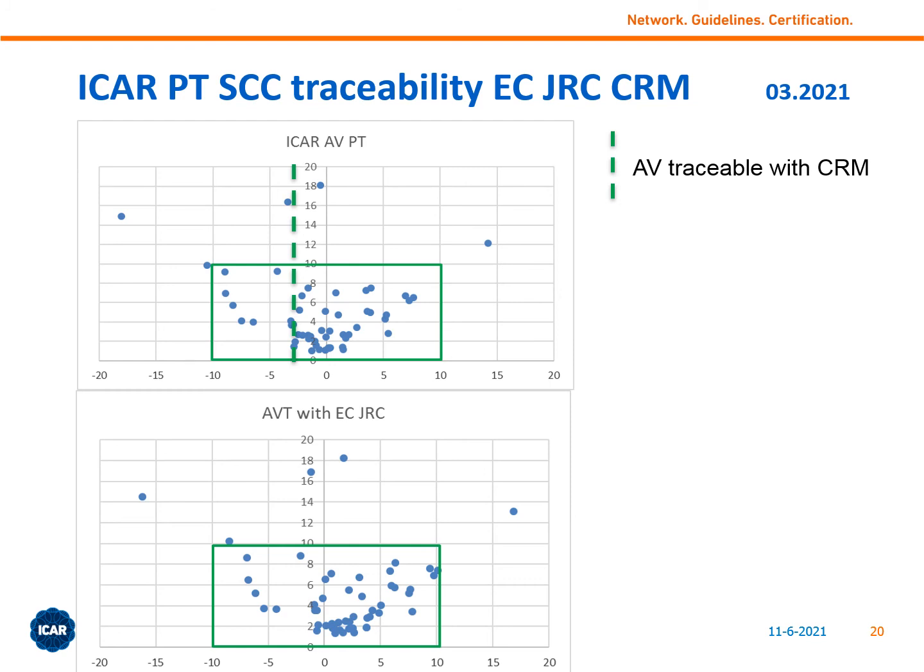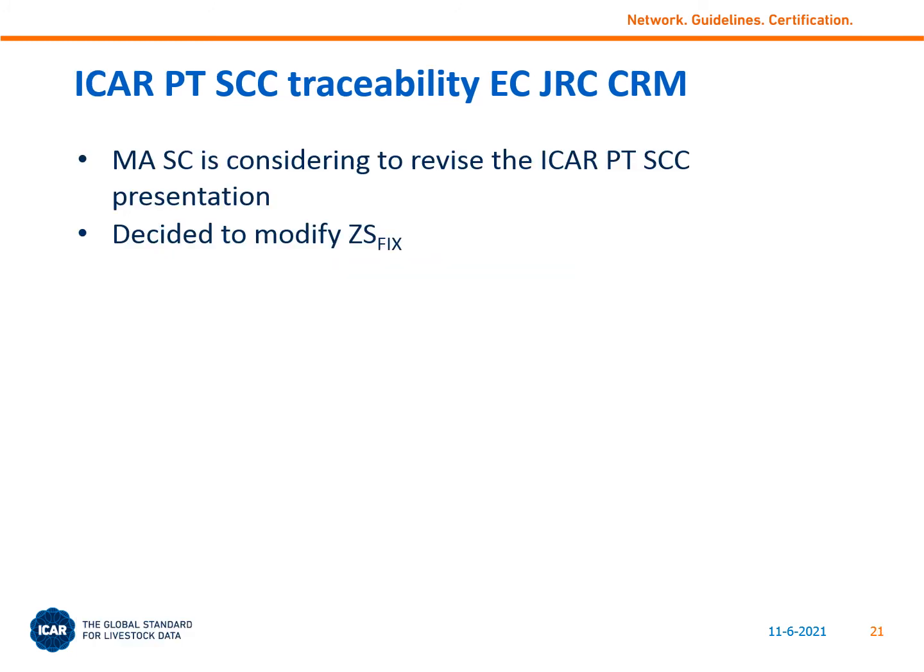As previously illustrated, the mean value of the traceable values is 3.5% lower than the assigned values of the proficiency testing scheme. It results in a distribution with more labs on the right side of the graphics, but always in a range of plus or minus 10% bias from the certified reference material.